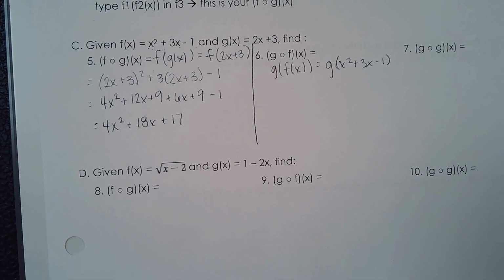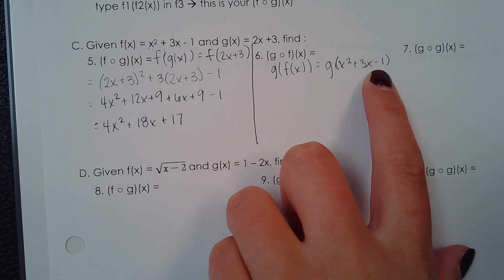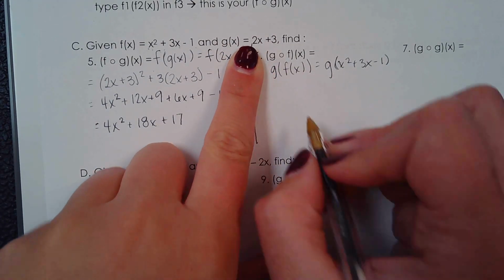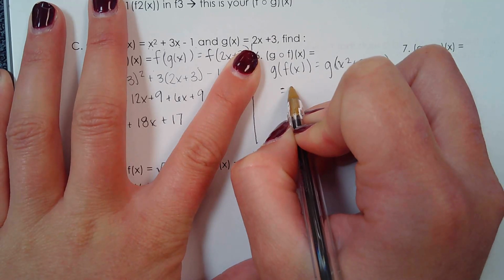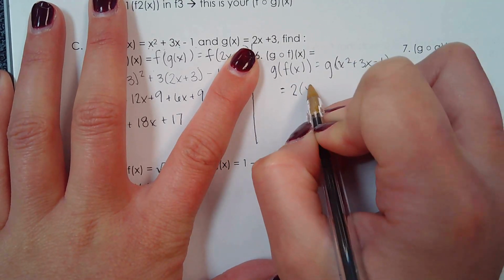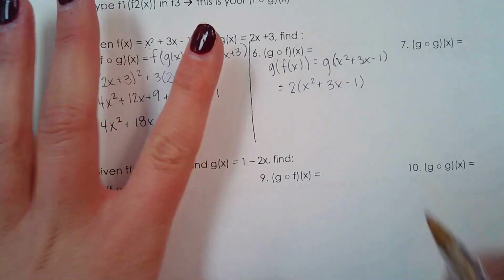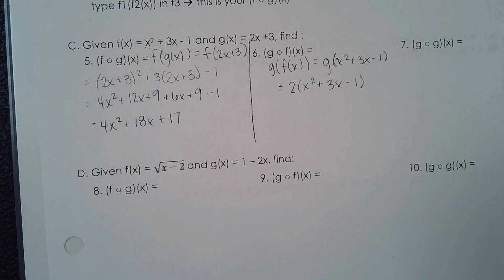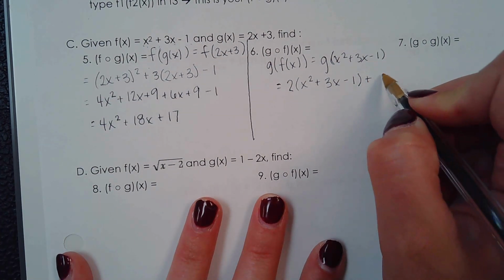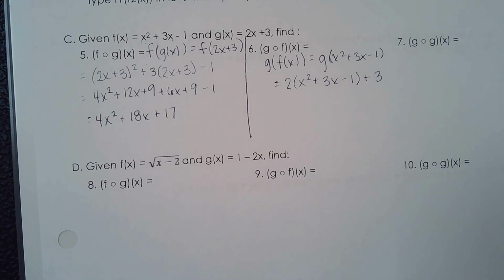I think for some people it helps to see it written that way so that you're plugging all of this in place of every x here. So from there, you'll just distribute, combine like terms, clean it up as much as you can, and we'll be done. There's nothing else you can do.